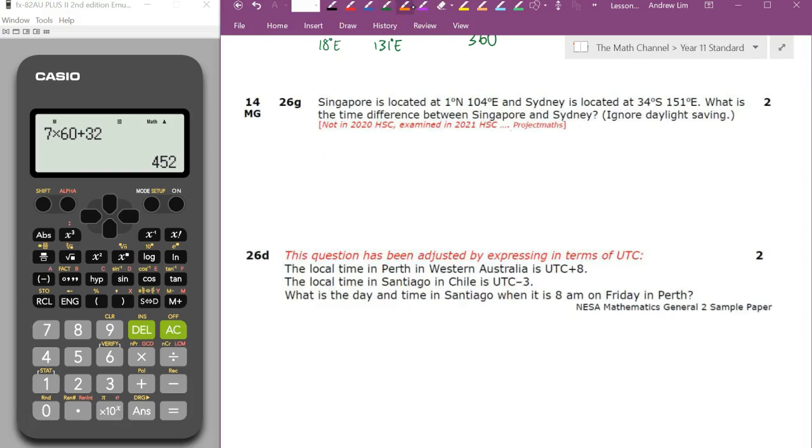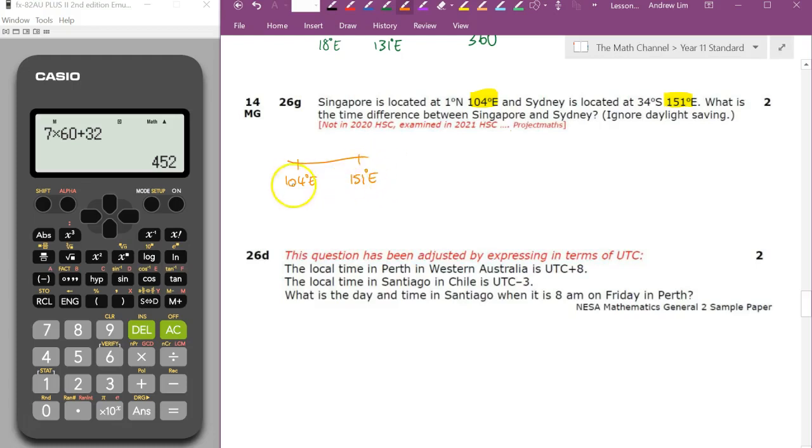Alright, Singapore is located 1 degree north, 104 east. Sydney, 34 degrees south, 151 east. What is the time difference? Time difference, looking at just the longitude. So, 104 lies to the left of 151 because they're both east.